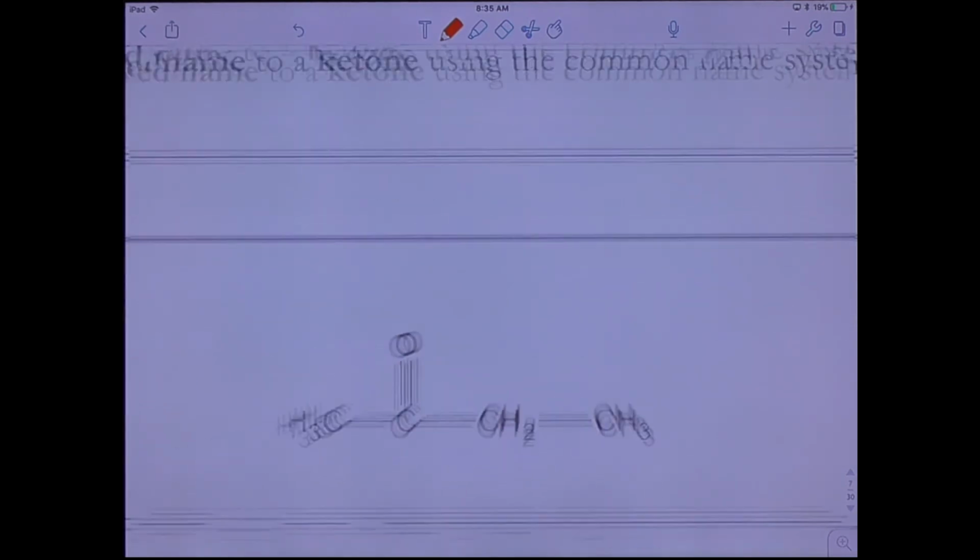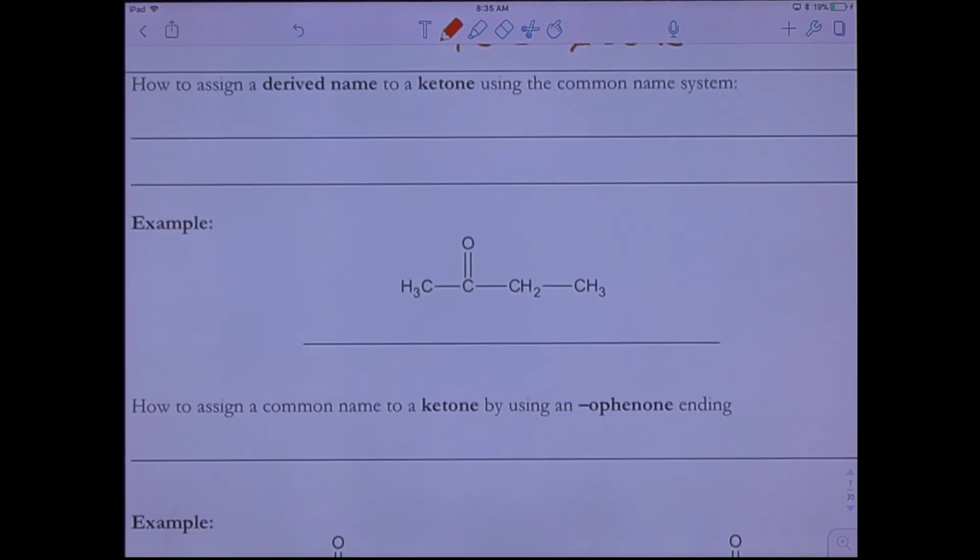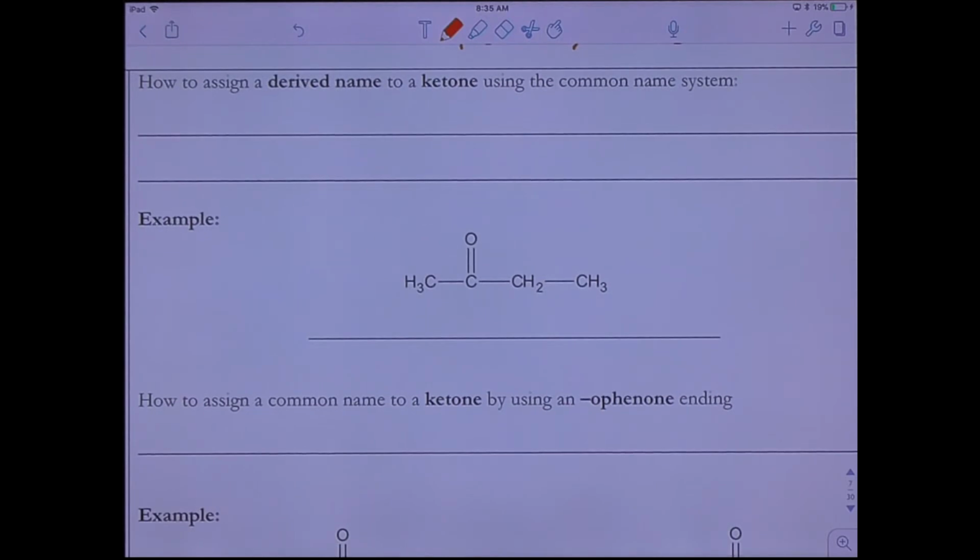Okay, but common name, they had to come up with 2 different ways you can do this. And that's why I'm saying we're entering the dark recesses of common name, because aldehydes and ketones have multiple things that you can do.